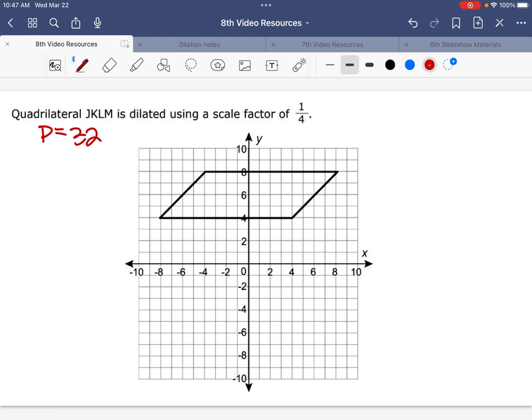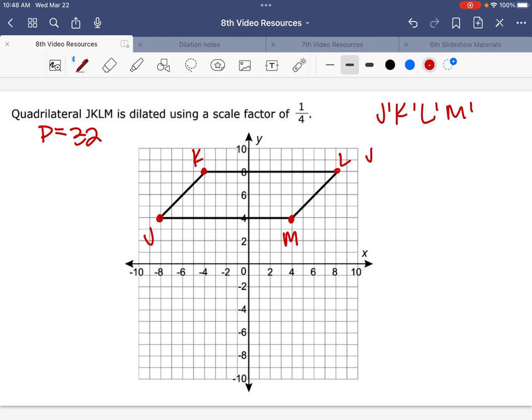So let's first graph quadrilateral J prime, K prime, L prime, and M prime, which we can do by finding these coordinates and finding the new values.